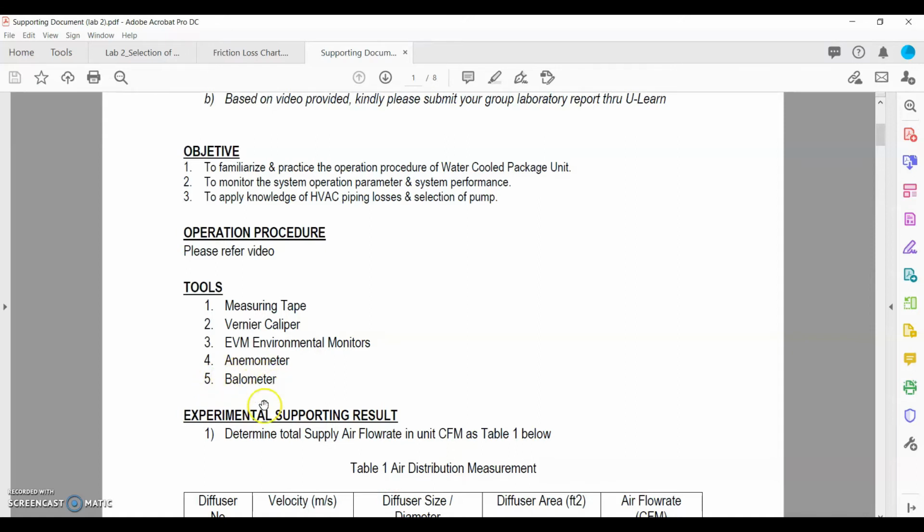Basically, we use this bolometer for a 2x2 diffuser. 2x2 is a square diffuser. You use the bolometer to measure the air flow rate and directly get the air flow rate.